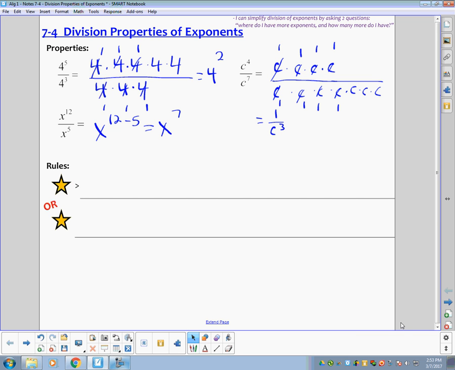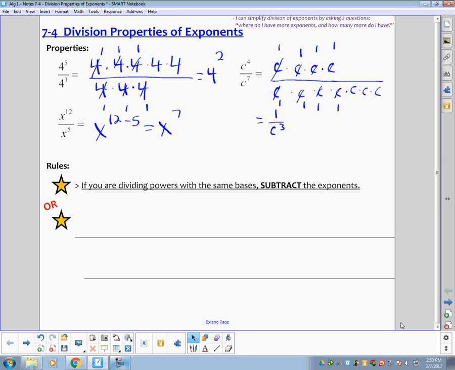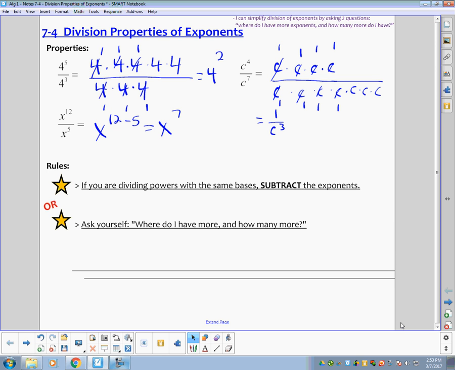Here's what the rule says. If you're dividing powers with the same bases, we subtract the exponents. Or another way to think about this is to ask yourself, where do I have more and how many more? I'll show you what I mean by that. But write this down.